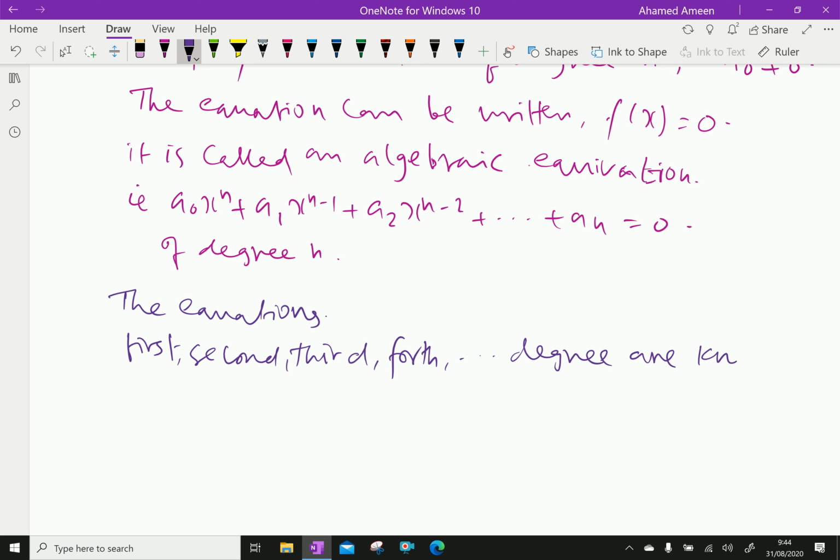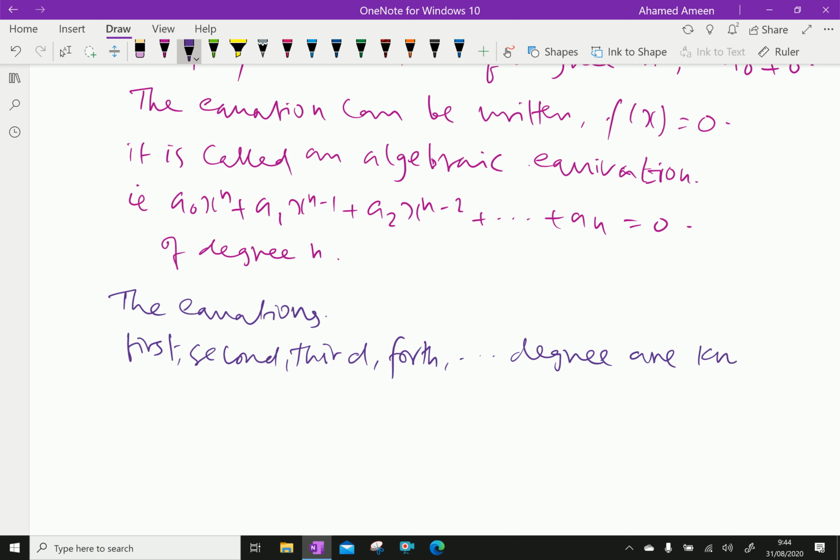Note the points. If f of a equals 0, a polynomial f of x has the factor x minus a.